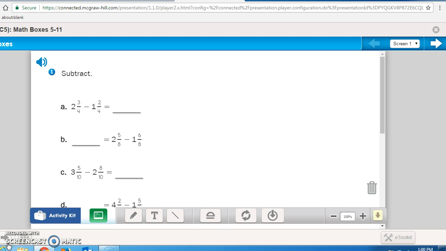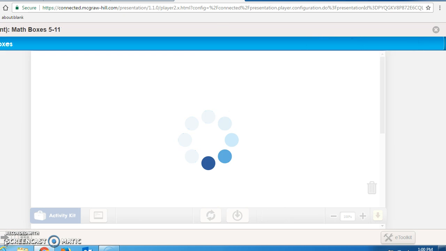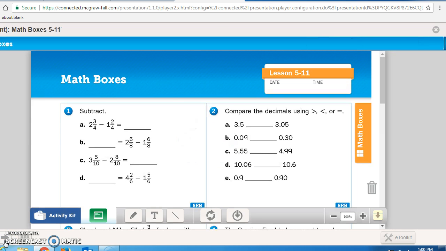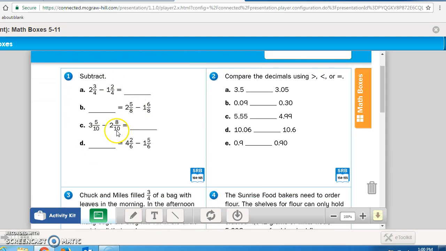The next step in this unit and lesson is Math Journal, page 181. Math Journal, page 181 is looking at math boxes. So math box 1, you're seeing that you're going to be subtracting fractions. Pause the recording now and do that, please.